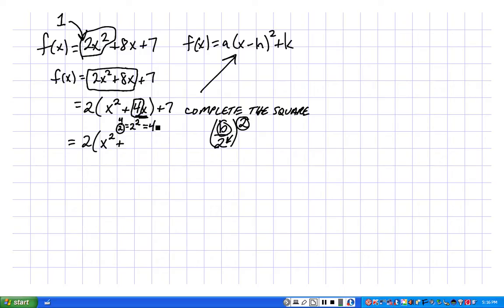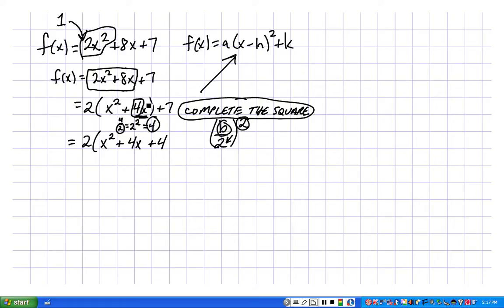Okay? So now I keep my 4x that I had, but this 4 that I got right here is going to be added on. This 4 that I just got by completing the square, because basically what I've done is taken this x squared plus 4x. This is a binomial now.